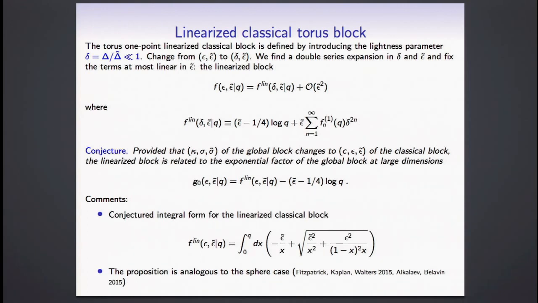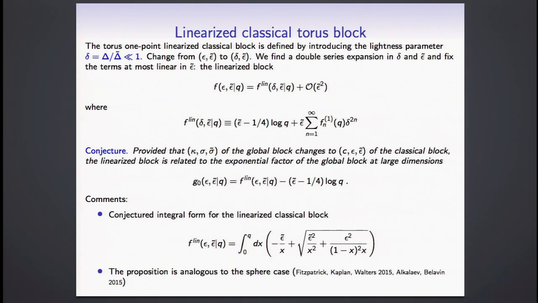So recalling that function which appeared for the global block, we see that, modulo this logarithmic contribution, these two functions just coincide. And the most important thing about this conjecture is that for the global block we know a formal integral representation which is given here.